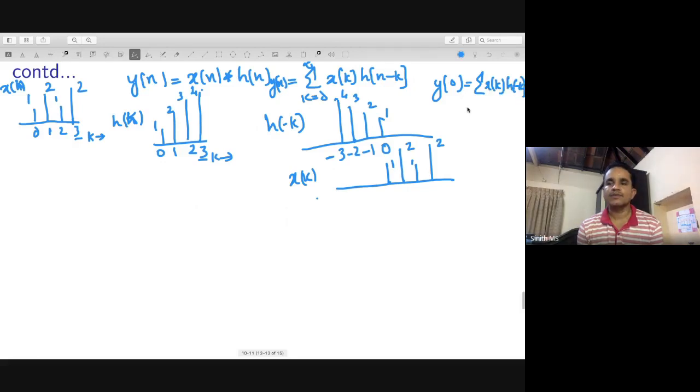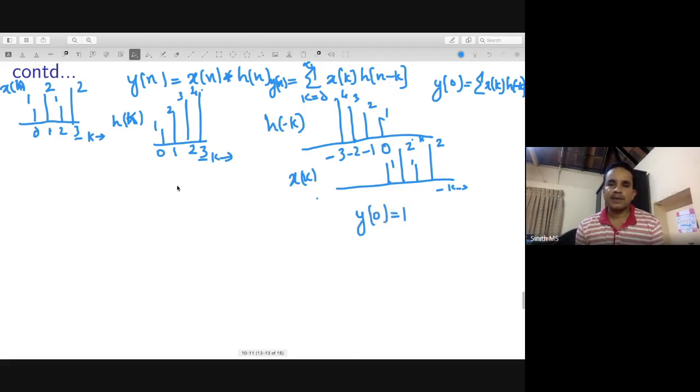So for different values of k, find x[k] into h[minus k]. x[k] and h[minus k] are present here, and these are both k. For different values of k, you multiply and sum. So you multiply this and this is 1. Here you have 0, so when you multiply it becomes 0. Here you have some values. Here you have 0, so when you multiply it becomes 0. So you have 1 into 1 equal to 1. So y[0] is 1.